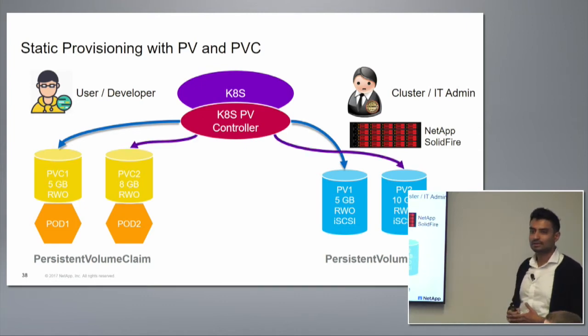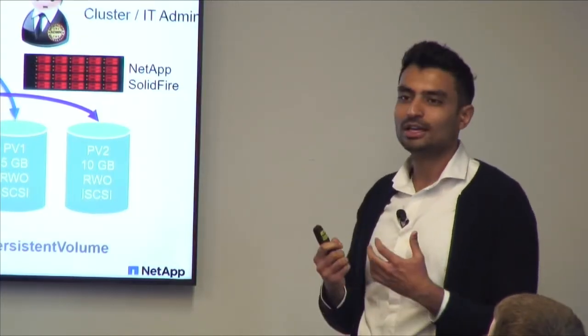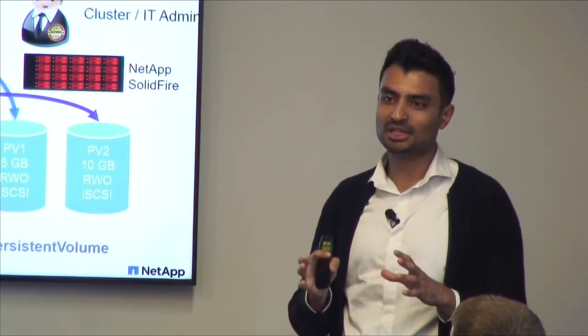Have the developer and the admin had to talk about this? Or the developer just asks for one, and Kubernetes gives him or her one that meets the requirements that they asked for? So it could be different in different scenarios. It could be a cloud environment, and the developer himself is a tenant.